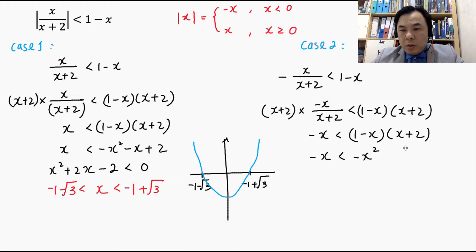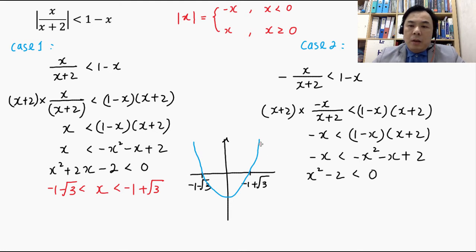x square here. After that, by performing a bit of rearrangement, I'm going to use the visual graph to represent the solutions.